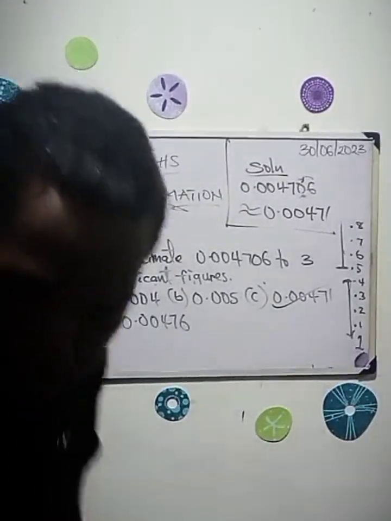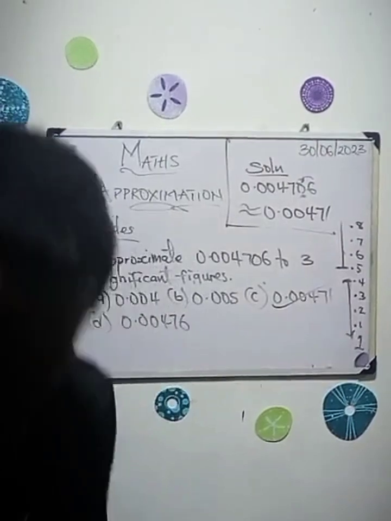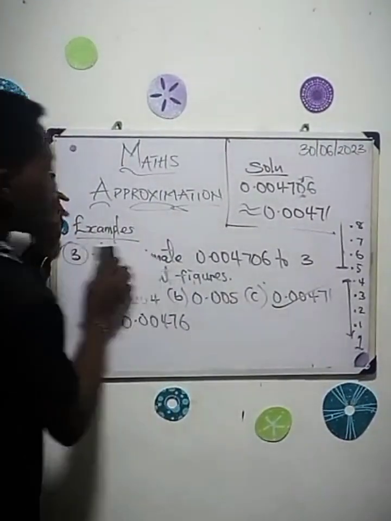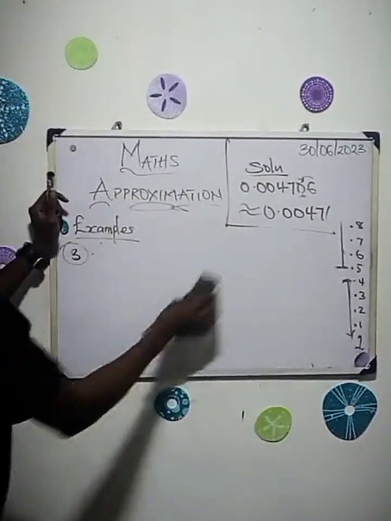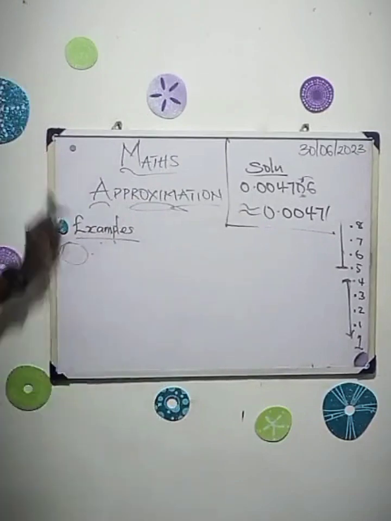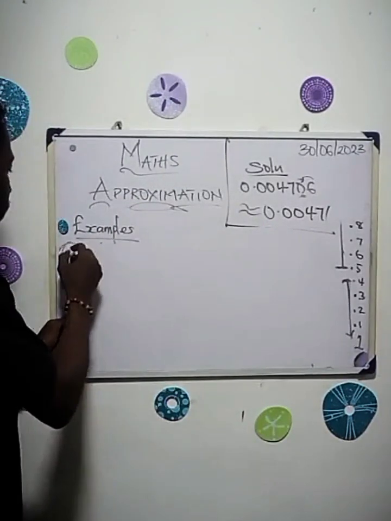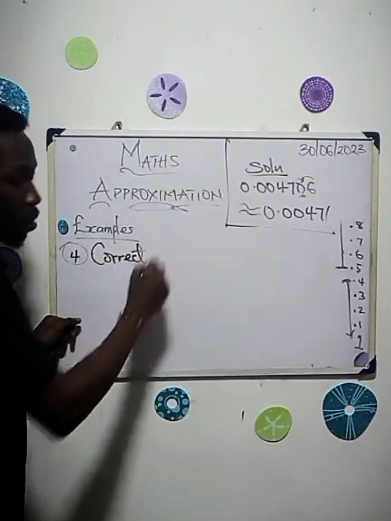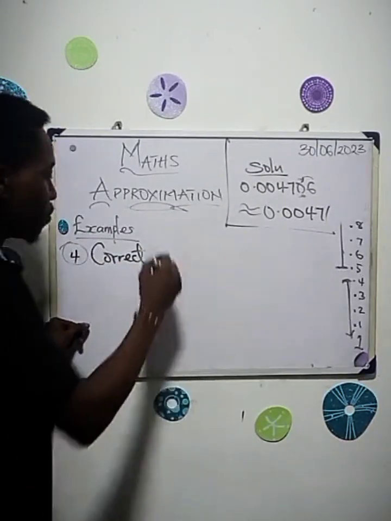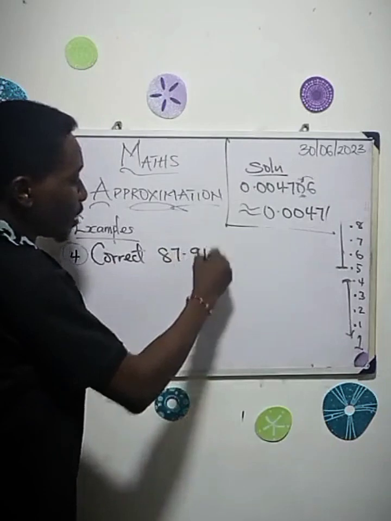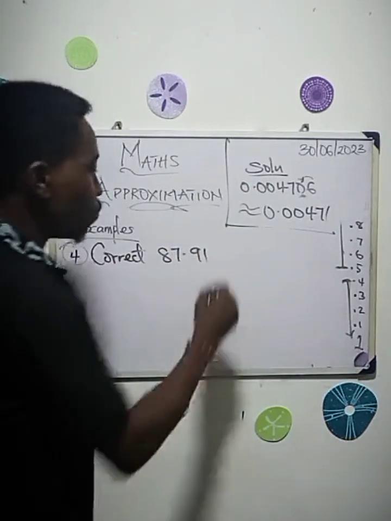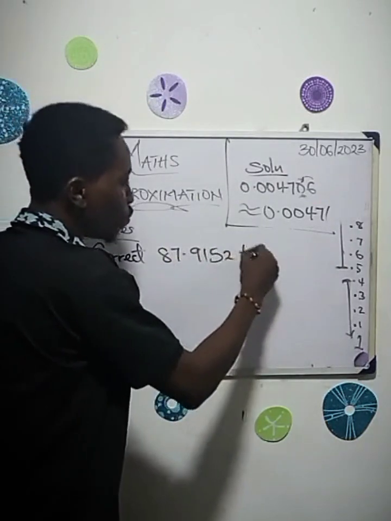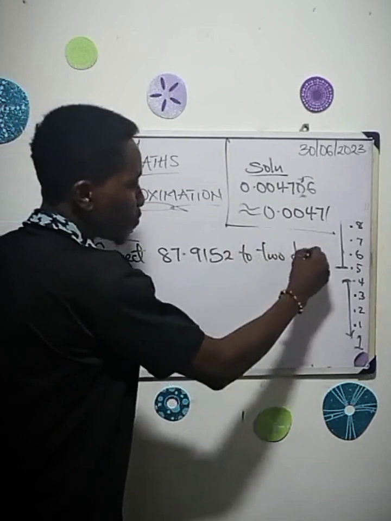Okay, number 4 says: correct 87.9152 to 2 decimal places.